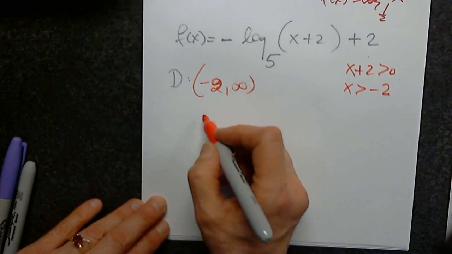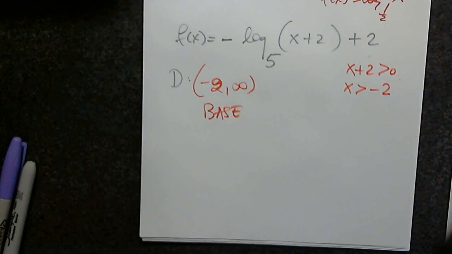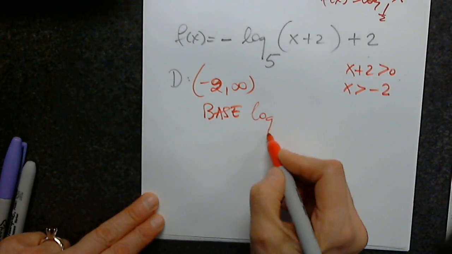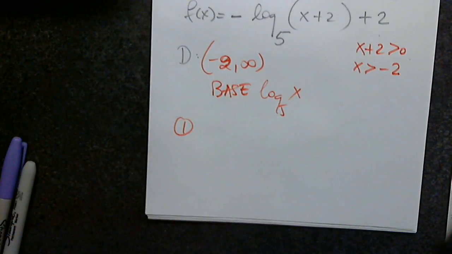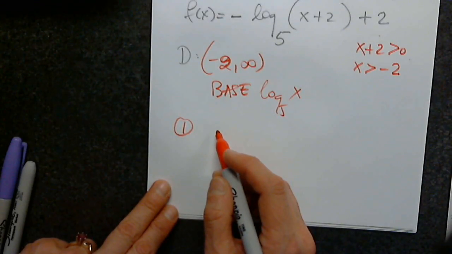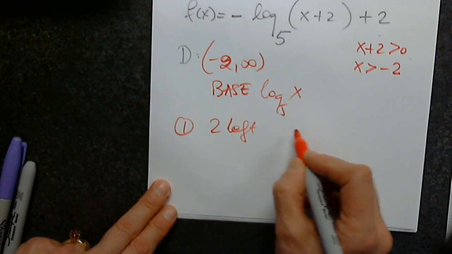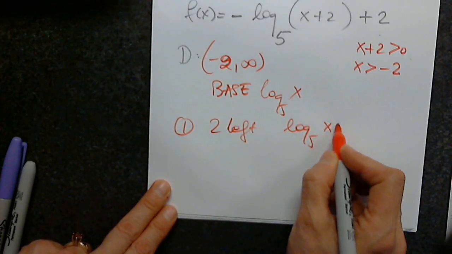Perfect. So base function. Which function did we use to create this one? Log base 5 of x. Very good. First transformation in order of operations on log base 5 of x: shift 2 left, so log base 5 of x plus 2.